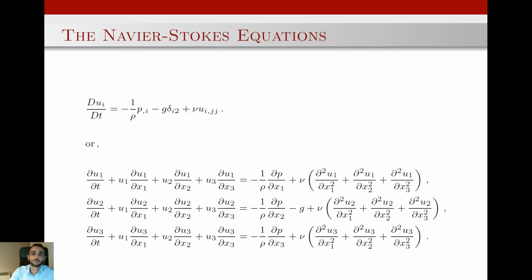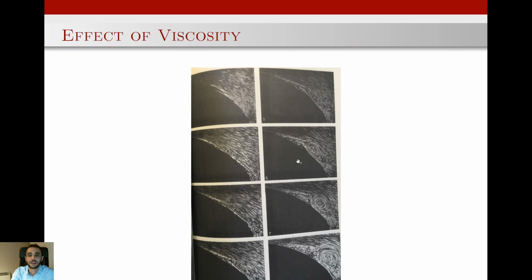In order to simplify this equation, we need to look into a little bit more of the effect of viscosity, for example. Here we're looking at a flow passing a body, in this case a sphere, a bluff body. As we go from top to bottom and left to right, the flow velocity is increasing, or the Reynolds number is increasing.